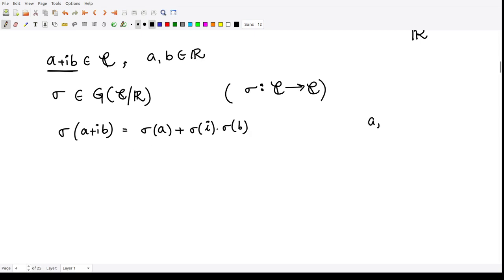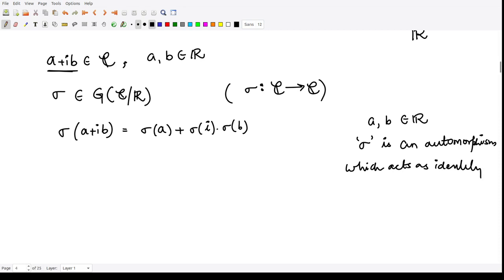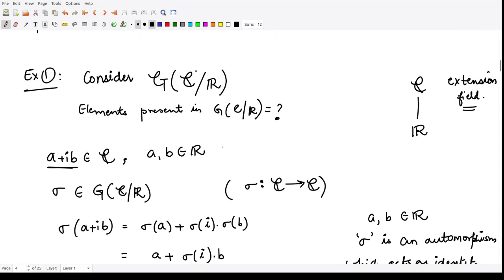And because A and B are real numbers, and this mapping sigma is an automorphism which acts as identity on the lower field, on the field R, sigma of A would be equal to A and sigma of B would be equal to B. So from here we can write A plus sigma of iota into B. But we cannot say anything about iota, because iota is an element which is present in this higher field.